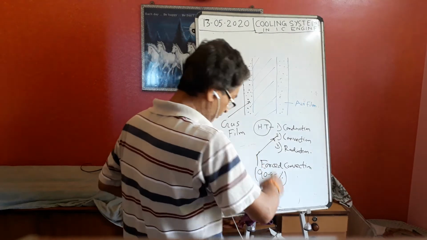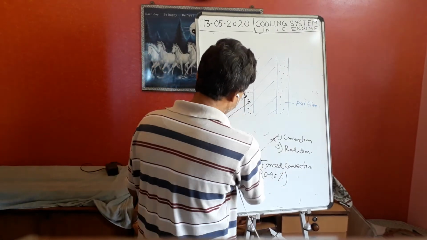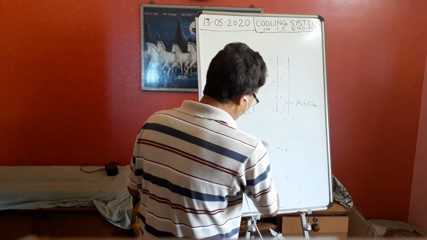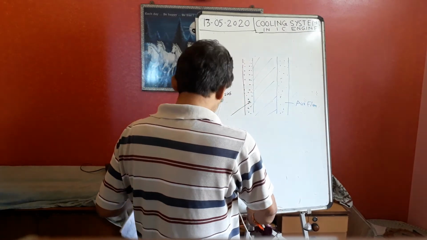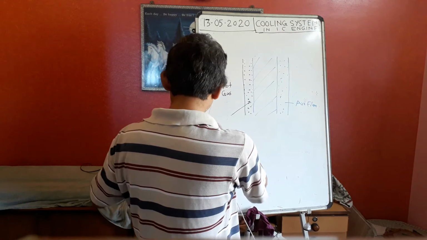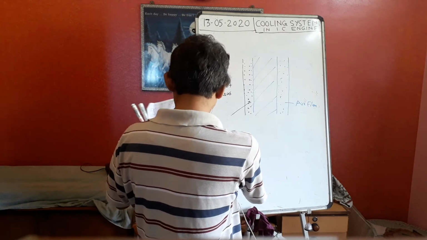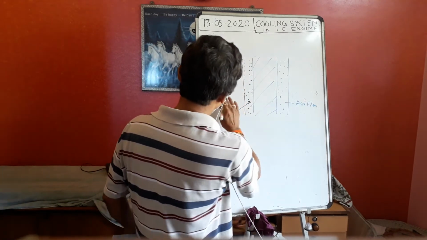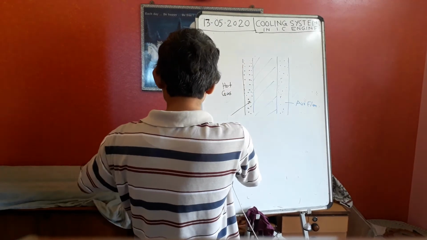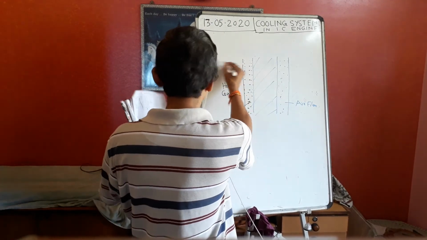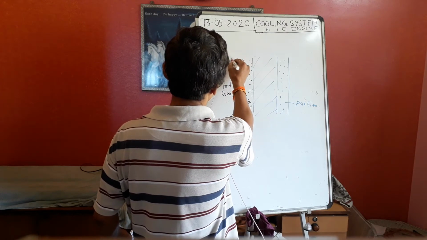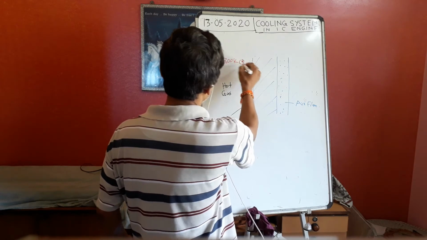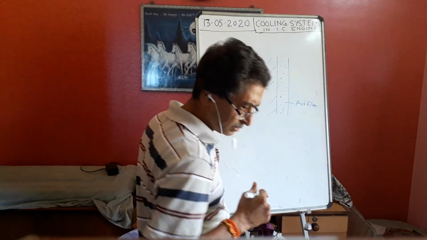So convection is the main one. If convection comes in, in heat transfer we have studied the convection formula, Q is equal to. Now here, if we see the hot gas, the maximum temperature inside is 2800 Kelvin.